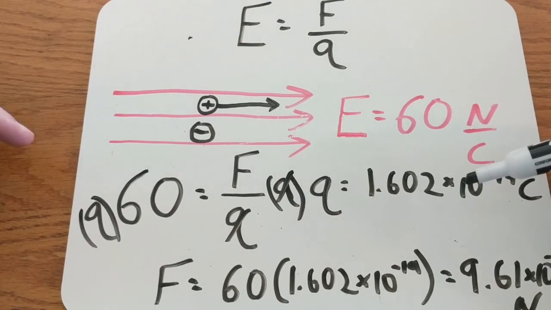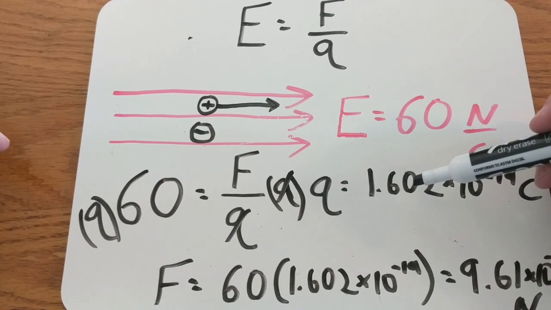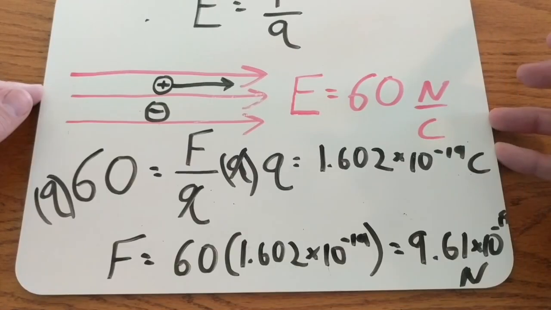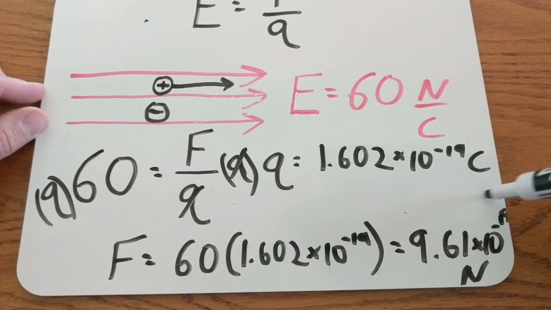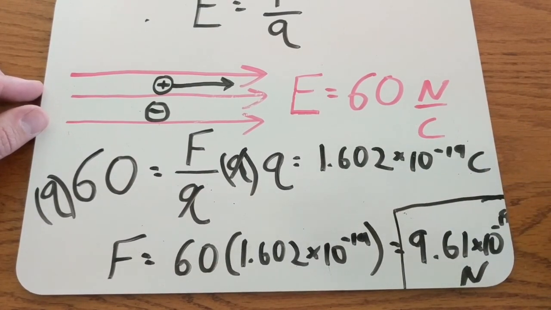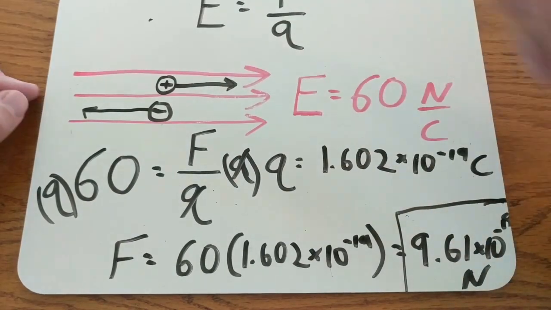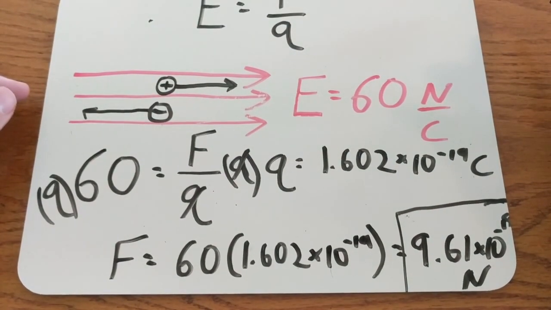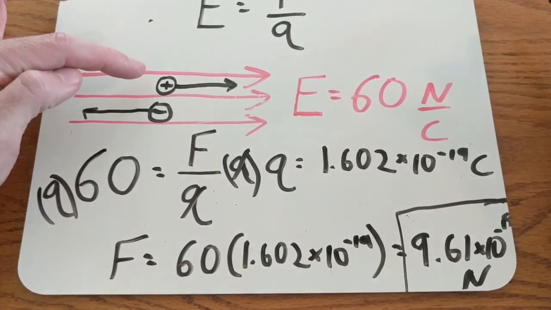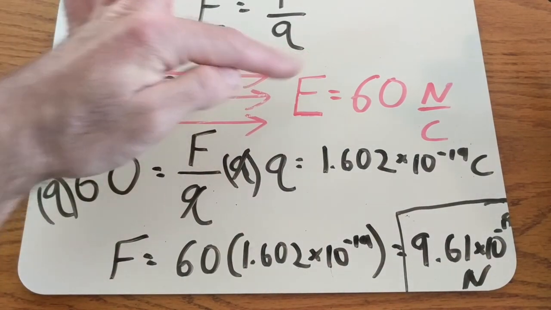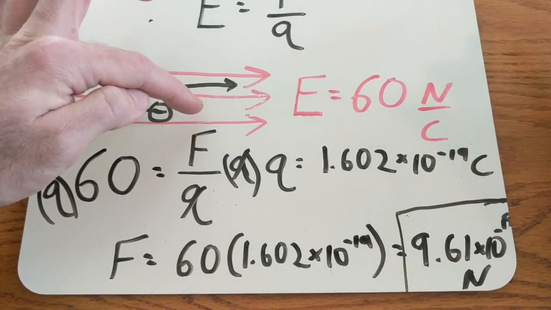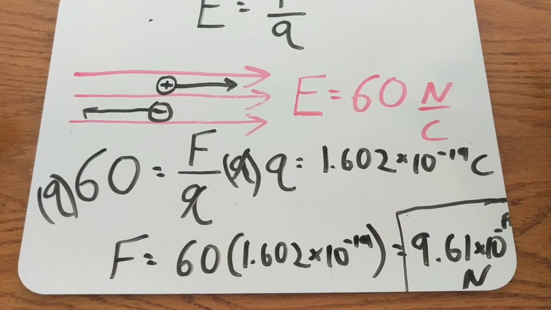But in our equations, we plug in all positive numbers, so if we put an electron in there, we would still get the same answer. The only difference is an electron goes against the electric field. Protons, positive charges, go with an electric field. Electrons, or negative charges, go against the electric field.